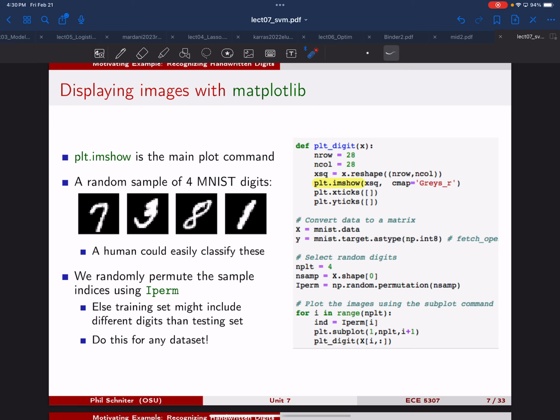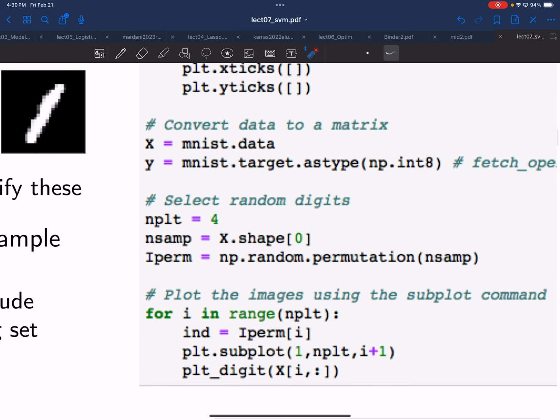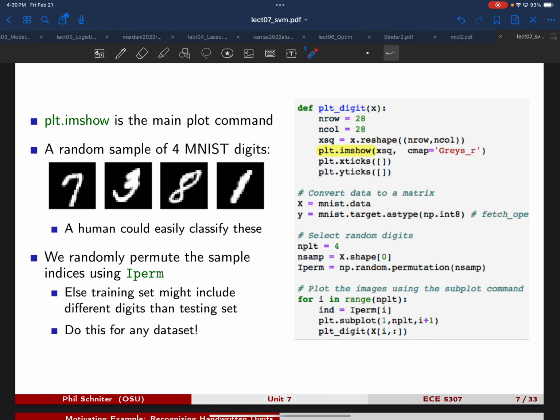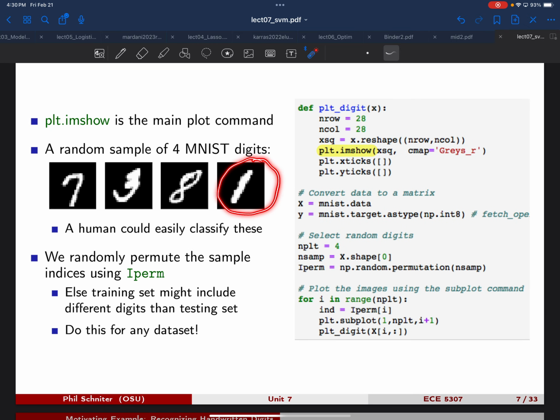And here's a little bit more about the data. When you download MNIST, the .data contains those images, and it's basically a big matrix X, where every row in the matrix is a rasterized version of one of these.